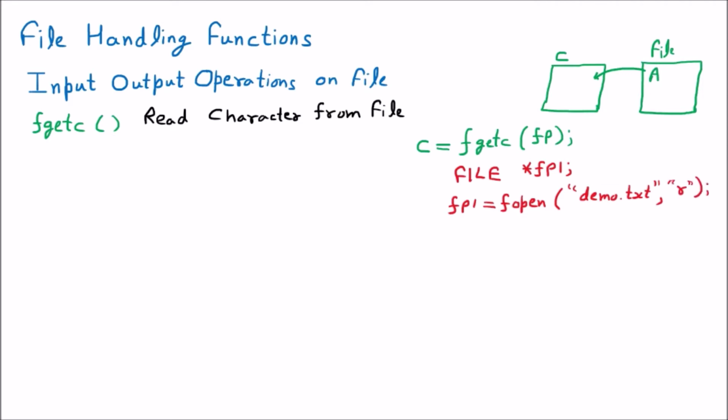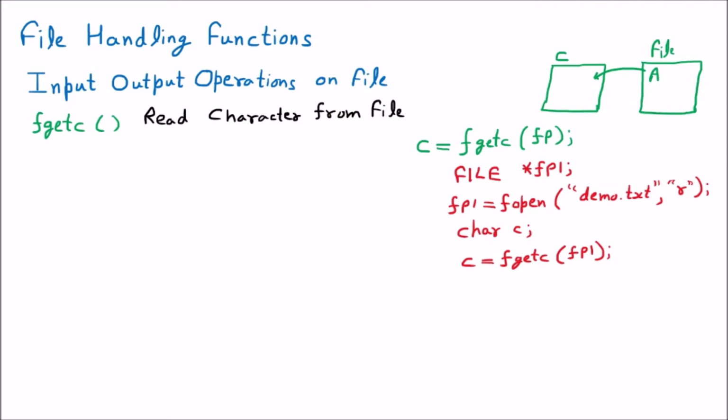Then suppose we have a character variable c. Now we can say c is equal to fgetc(fp1). This has the same significance: whatever character is there in the file is going to be taken out into the variable c.